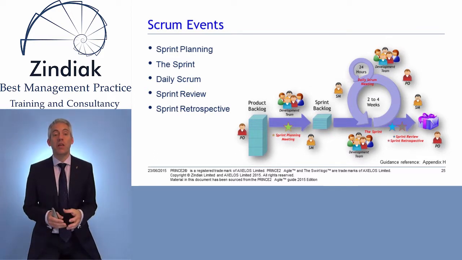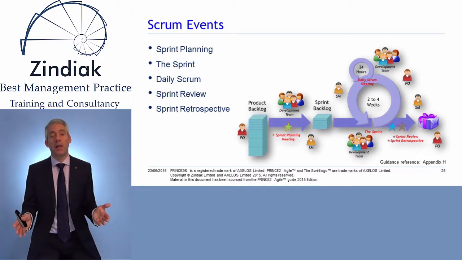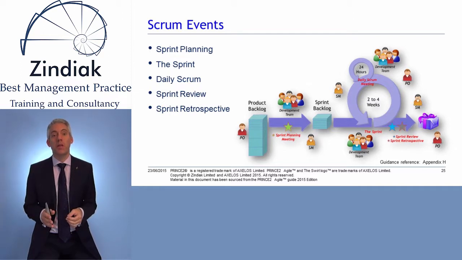Once that's agreed, we move into the sprint itself. And the sprint is simply a defined period of time during which the development team develop the products listed on the sprint backlog to the required quality for delivery to the end user.